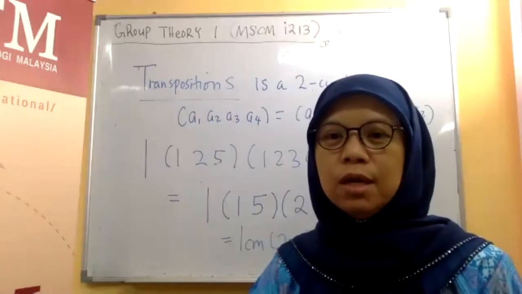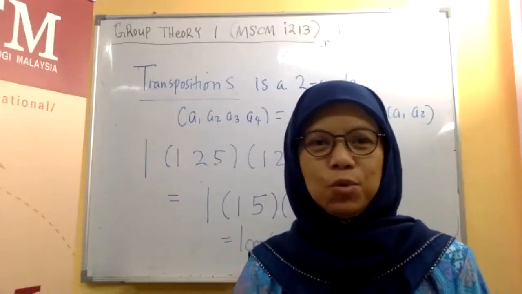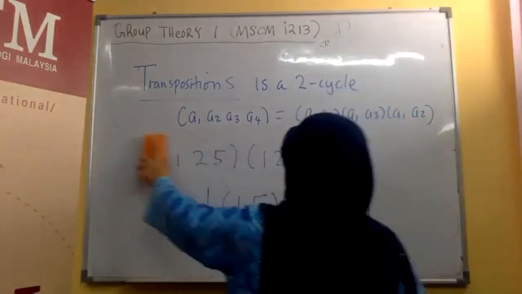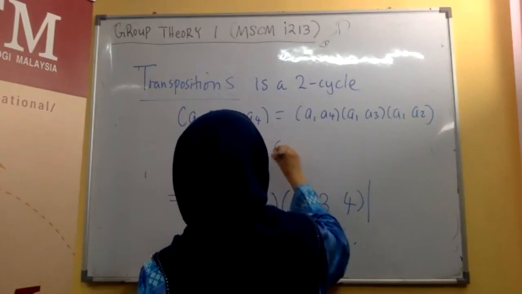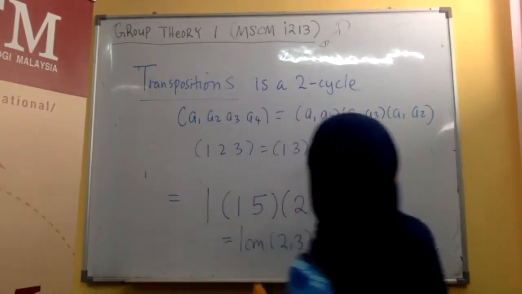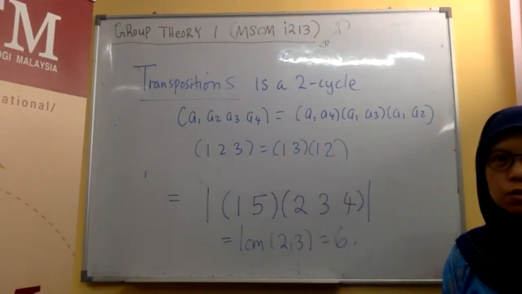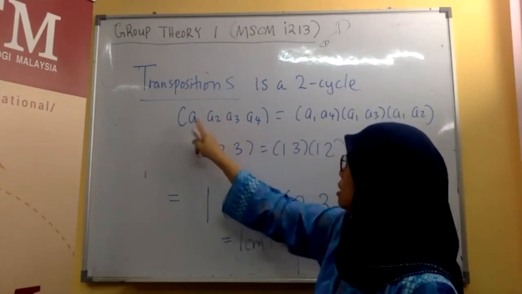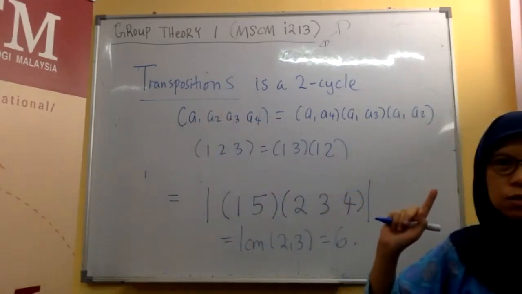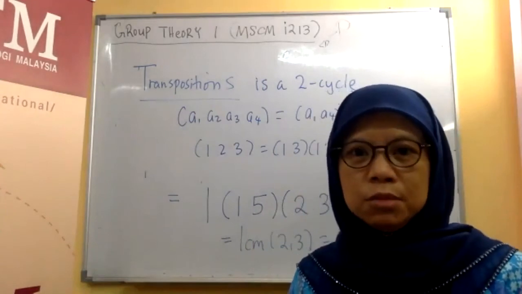Then we have (1 2), then we have (1 3). And (1 2 3) is (1 3) times (1 2). You can multiply back, 1 to 2, 2 to 2, and so on. So this is the formula: (a1 a4)(a1 a3)(a1 a2).